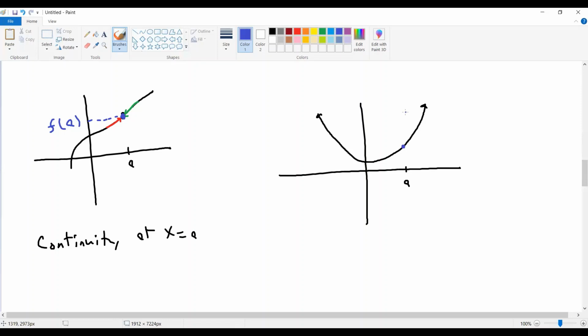Now the question is, what is the slope approaching as we get closer to this point? That's a different question than what the function value is approaching. We're no longer talking about the actual function values of this parabola. We're instead looking at its behavior. How much is it changing? How steep or shallow is the slope on this parabola?